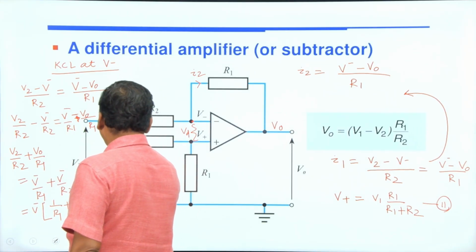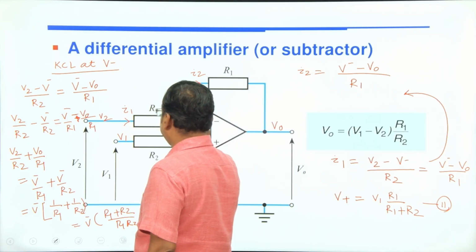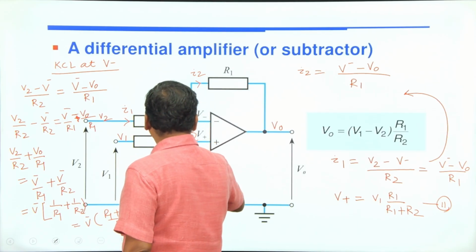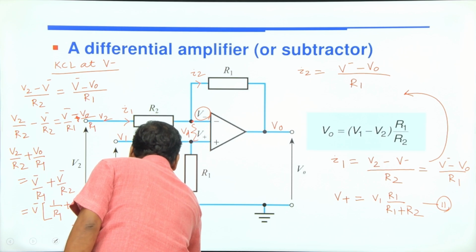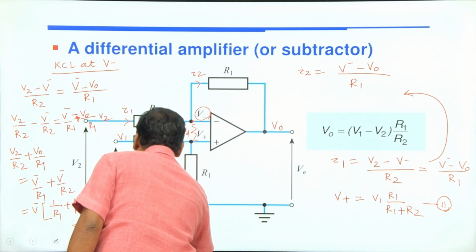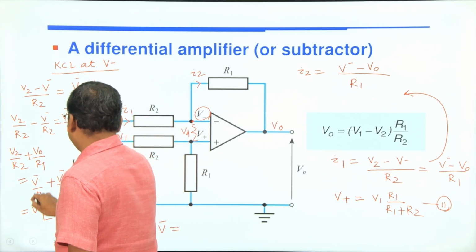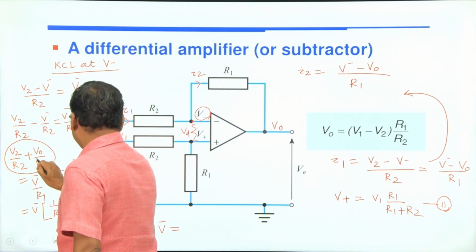And how much is V minus? I need the potential at this point. So V minus is equal to the left-hand side divided by this one.